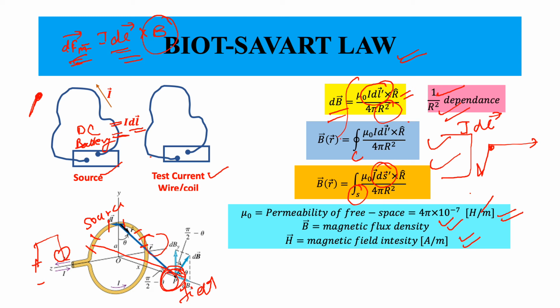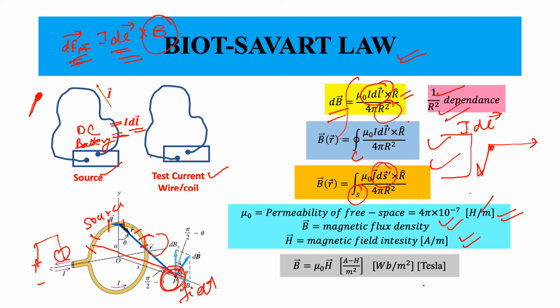And in free space, these vectors B and H are related to each other by a simple rule, just like D and E were related by epsilon naught in free space. In free space, B and H are related as B equals mu naught H, where mu naught is measured in Henry per meter and magnetic field intensity is measured in amperes per meter.